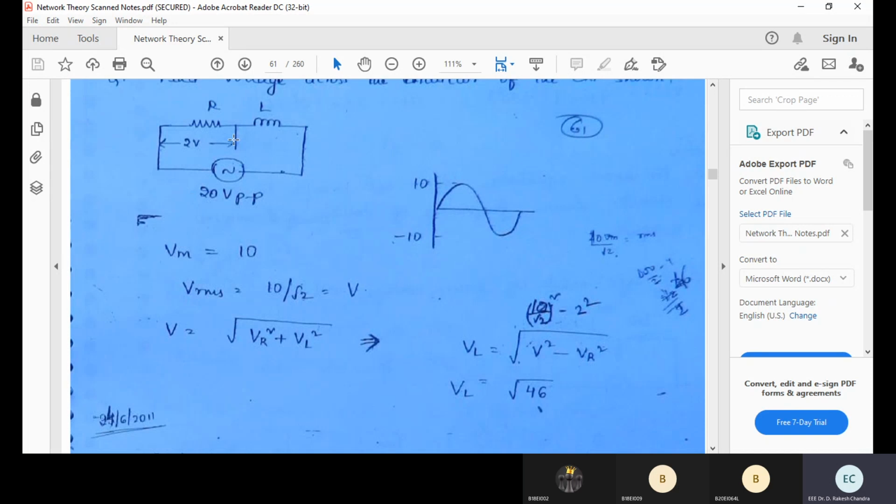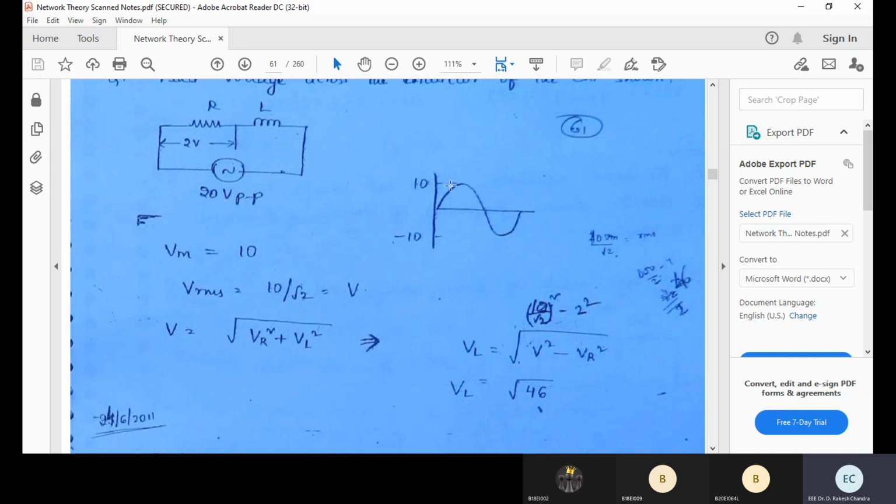I already mentioned previously that the inductor and resistor voltages are exactly 90 degrees to each other. If the voltage across the resistor is 30 and the voltage across the inductor is 40, then what is the total voltage? It happens to be 50.